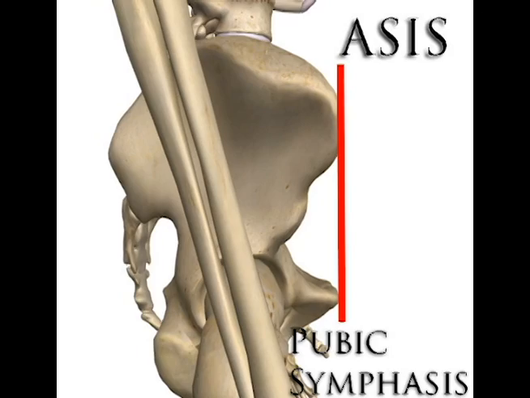So if we were to look at Mr. Thrifty in profile, we can see that his anterior superior iliac spine, the ASIS, is in direct vertical alignment with the pubic symphysis. When those 3 bones are aligned in the front body, then we get that natural curve of the lumbar and the sacrum tailbone here in the back body.